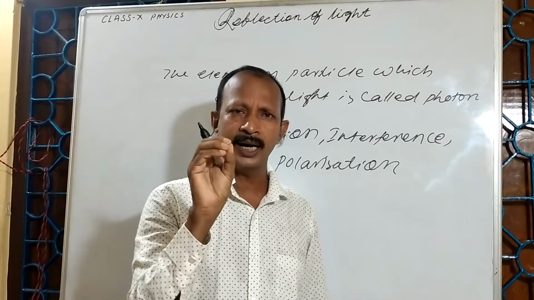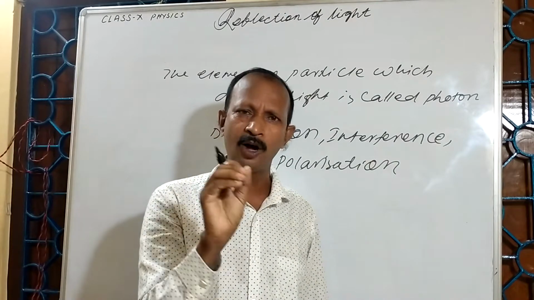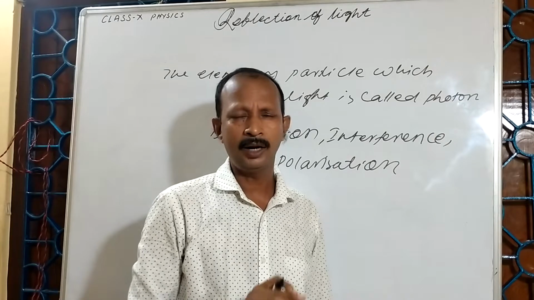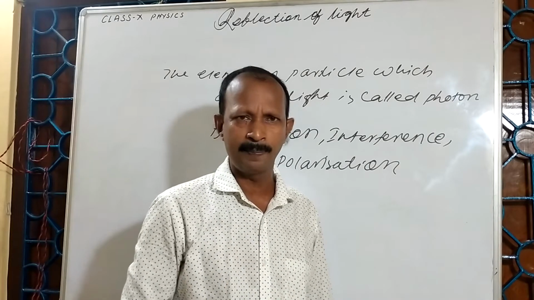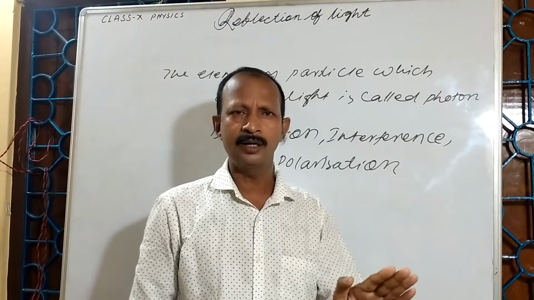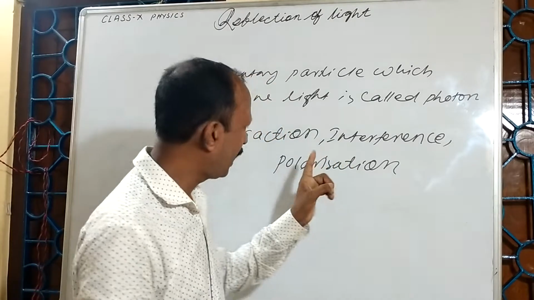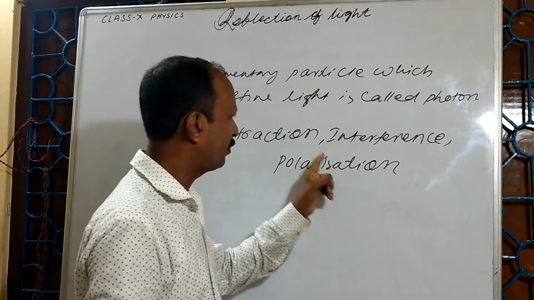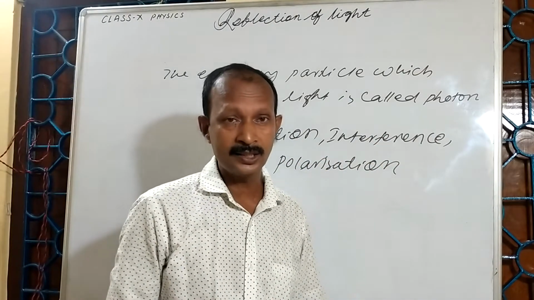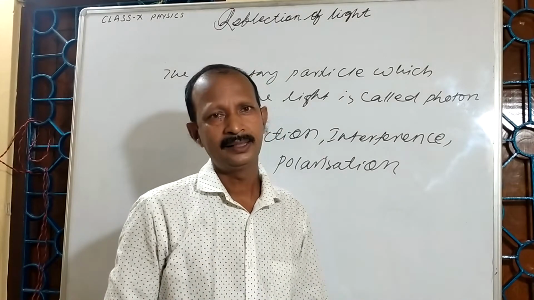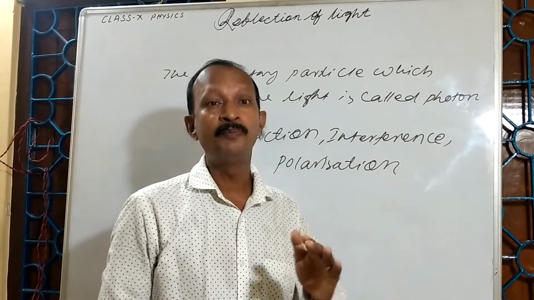If we consider that light consists of very small particles, according to Newton's corpuscular theory of light, those particles are corpuscles. If light consisted of only particles, we could not understand diffraction, interference and polarization.